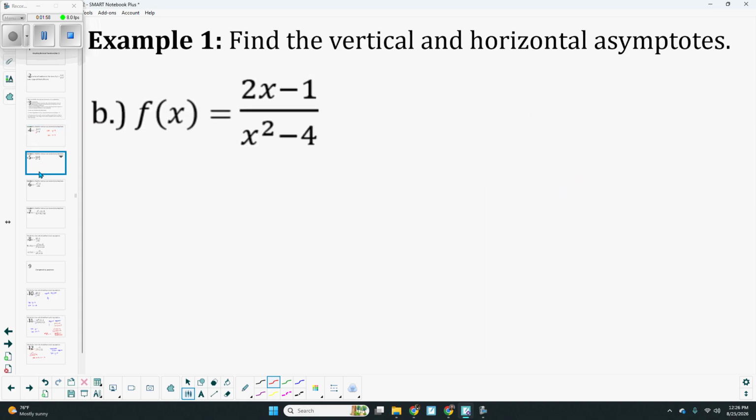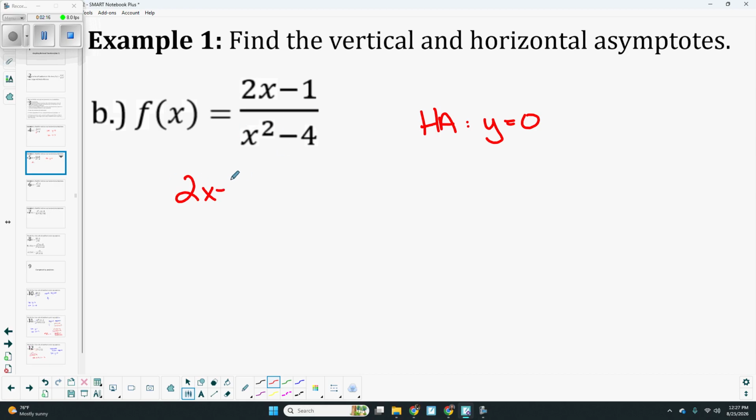In this one, the degrees are not equal. In fact, the degree of the numerator is less than that of the denominator. So automatically, my horizontal asymptote is going to be y equals 0. Then my vertical asymptote, we need this to be in factored form.